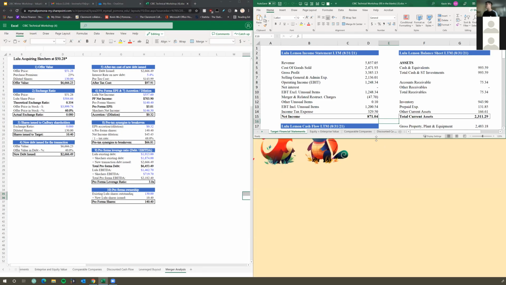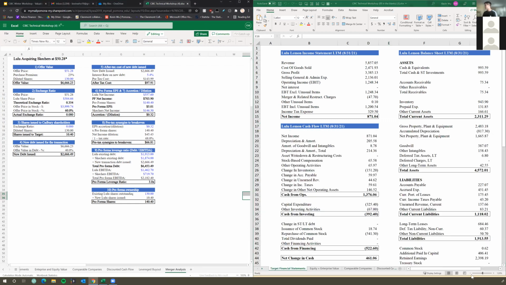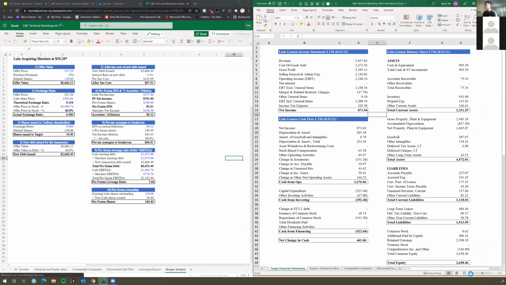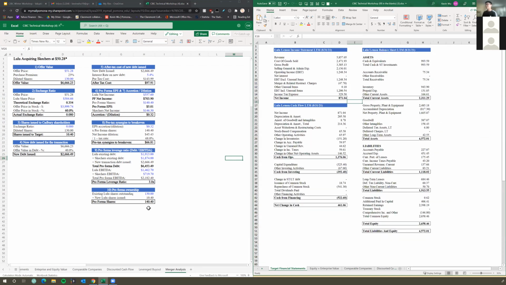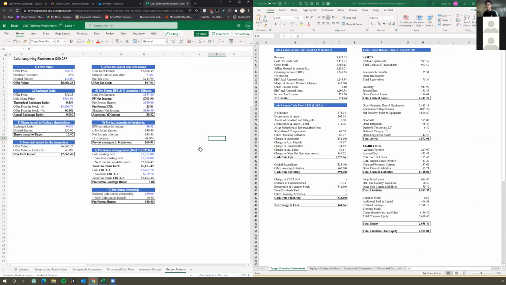So the right side is the fill in the blank and the left side is the filled in responses. The main thing that's really important that Owen was talking about earlier is to understand that there's a cascading effect to all of these things.